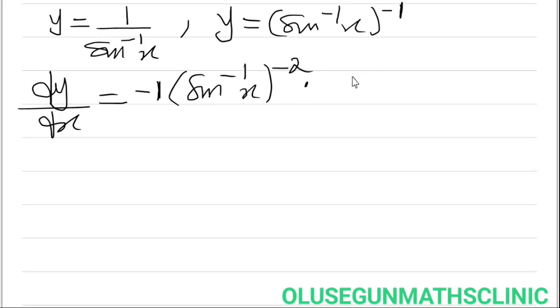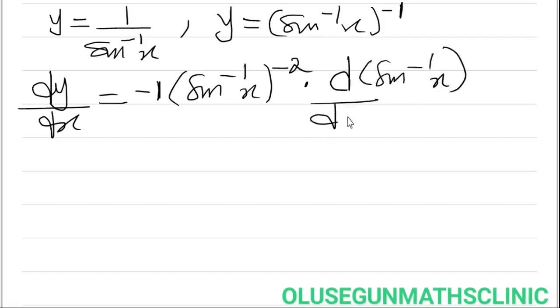It's a function of a function, as we have explained earlier. It will now be multiplied by the derivative of arc sine x with respect to x. So we have minus arc sine x to the power minus 2, times the derivative.